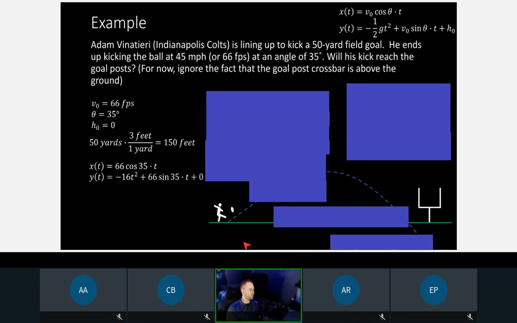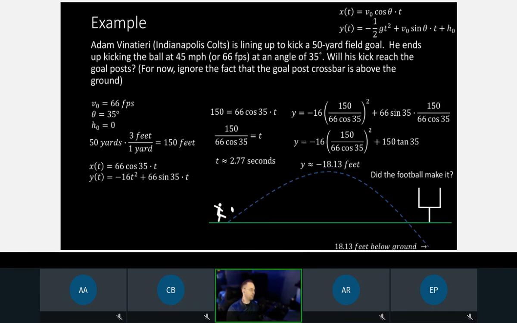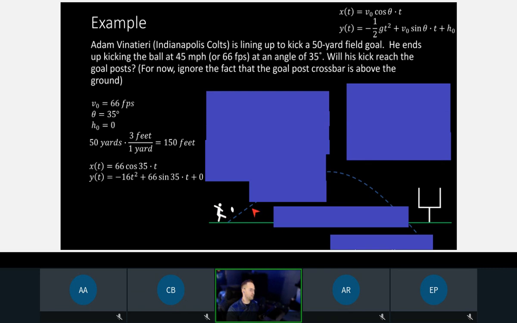All right, 64. So same problem. We're going to do this problem, the same problem, a different way. Instead of finding the time it takes to get to 150 feet in the x direction, we're going to find the time it takes for the ball to hit the ground.